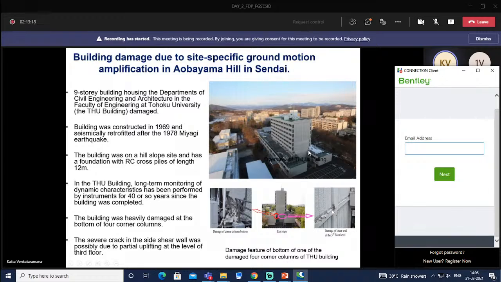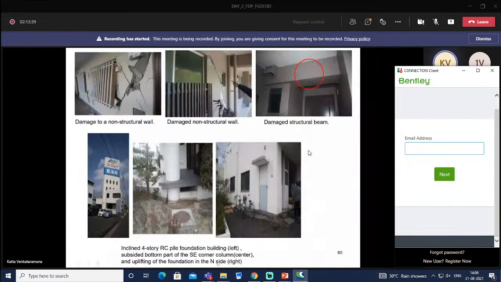Cracks developed in this shear wall also. So this instrumented building of the civil department also got damaged, mainly damage to the 4 corner columns.